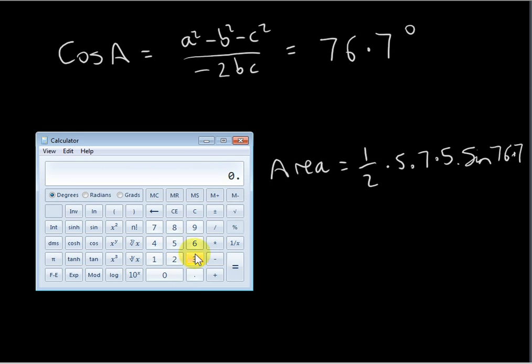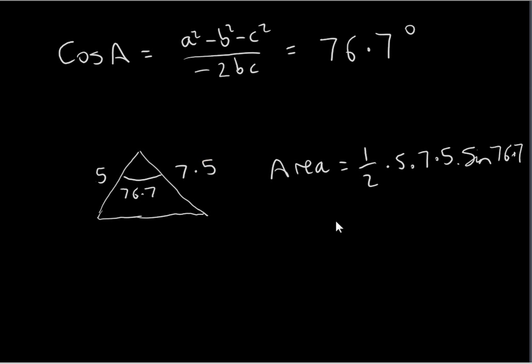So we have 0.5 times 5 times 7.5 times the sine of 76.7 degrees. So we get 18.24. Well, to 2 decimal places, it's 18.25. And this is in meters squared.